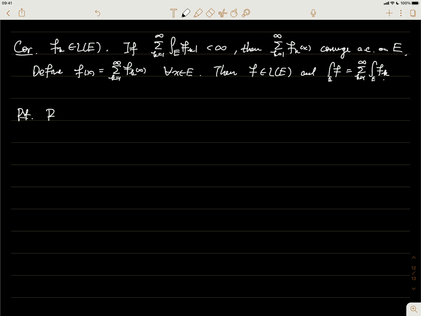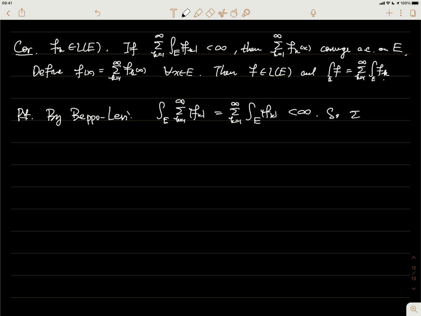So we know that this integral of the sum from k equals 1 to positive infinity of f_k is equal to the sum of the integrals of f_k, and this is finite. And this means that this function here is integrable. So the sum of f_k is integrable. Okay, it is integrable means that it's finite almost everywhere.